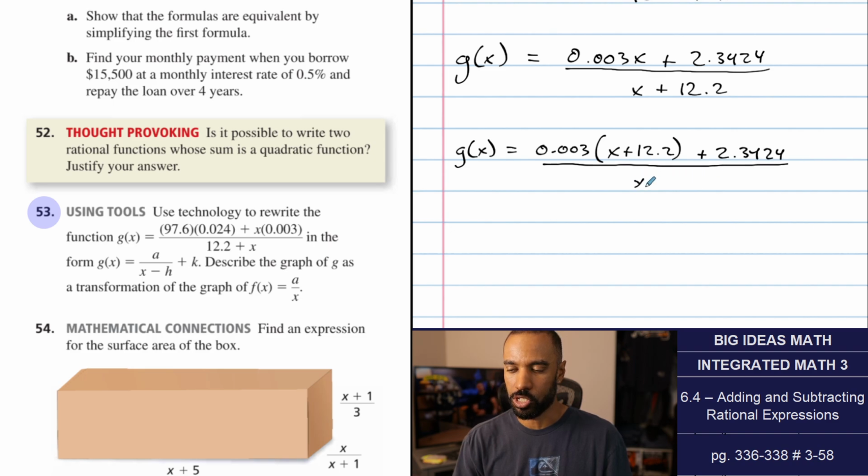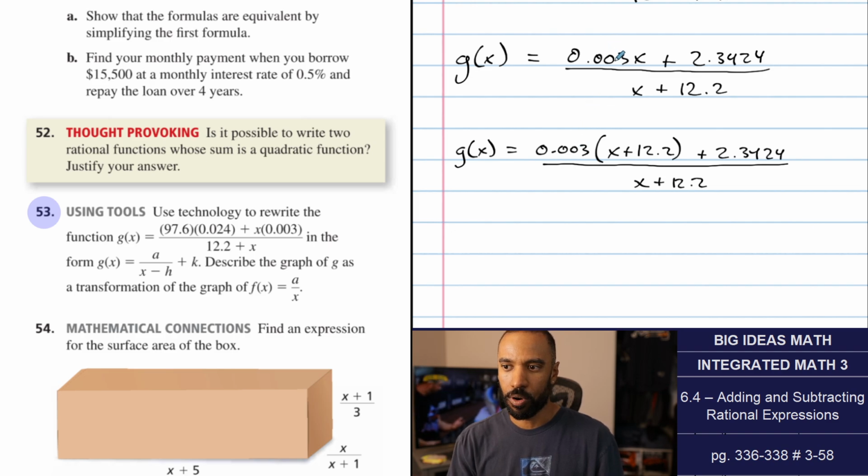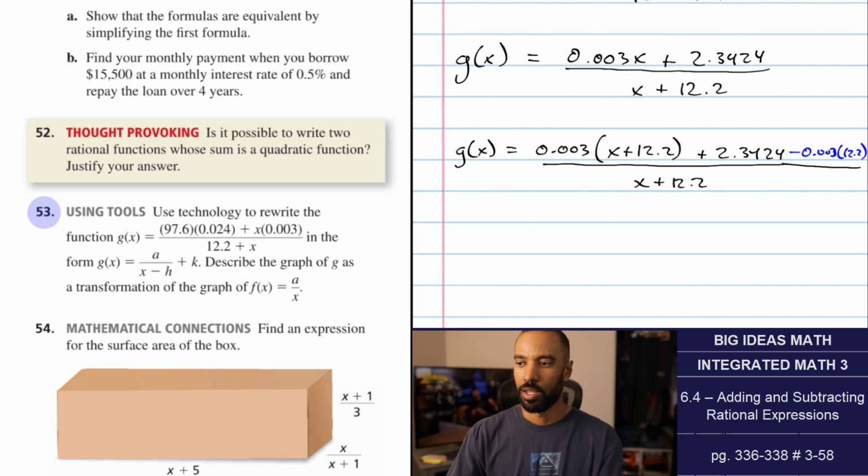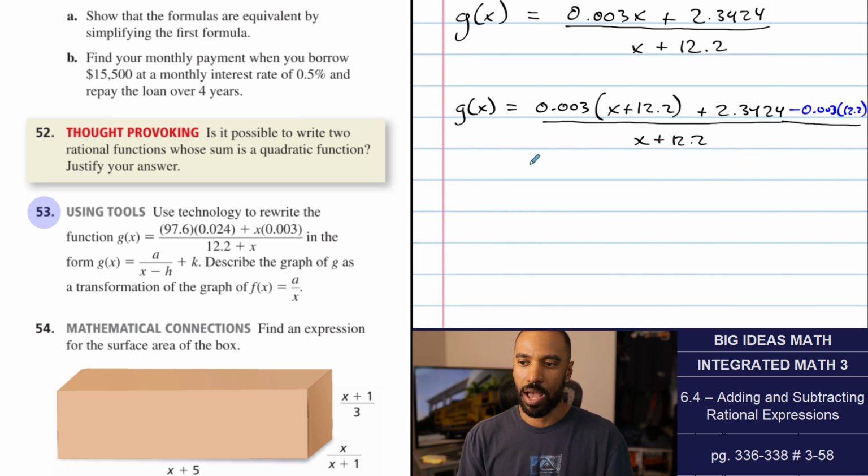Because I obviously changed the nature of this problem. Before it was just this plus this, so I still have this plus this, but now I have this in the works right here, 0.003 times 12.2. So I need to take away 0.003 times 12.2 over here. I'm obviously going to use the calculator to help me out on that. But that's what happens through the distribution.